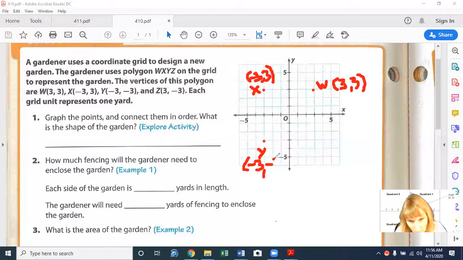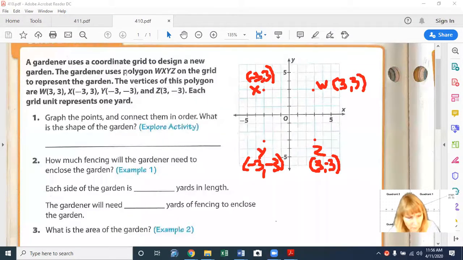And then Z is 3, negative 3. 1, 2, 3, 3, negative 3. And that's Z. And that's a 3, negative 3. Okay, now we got to connect our points.